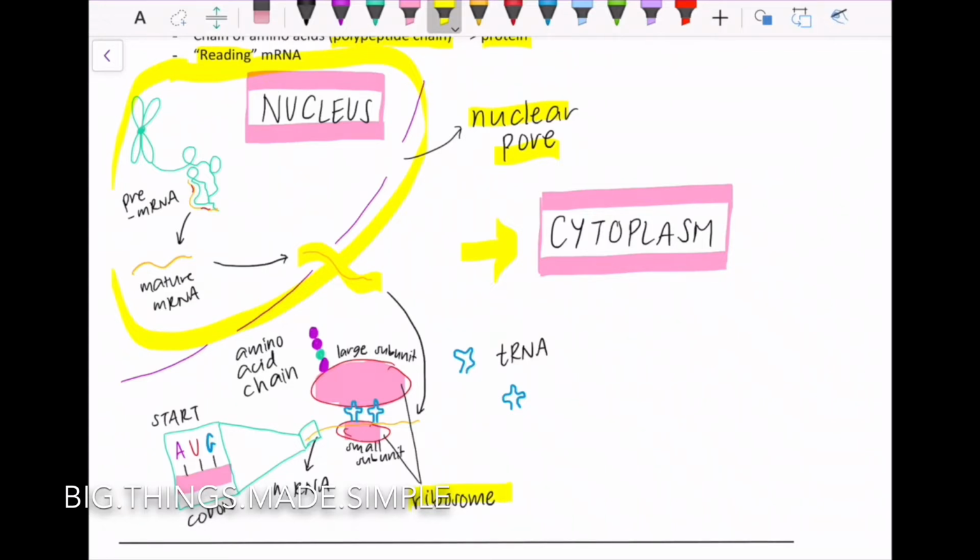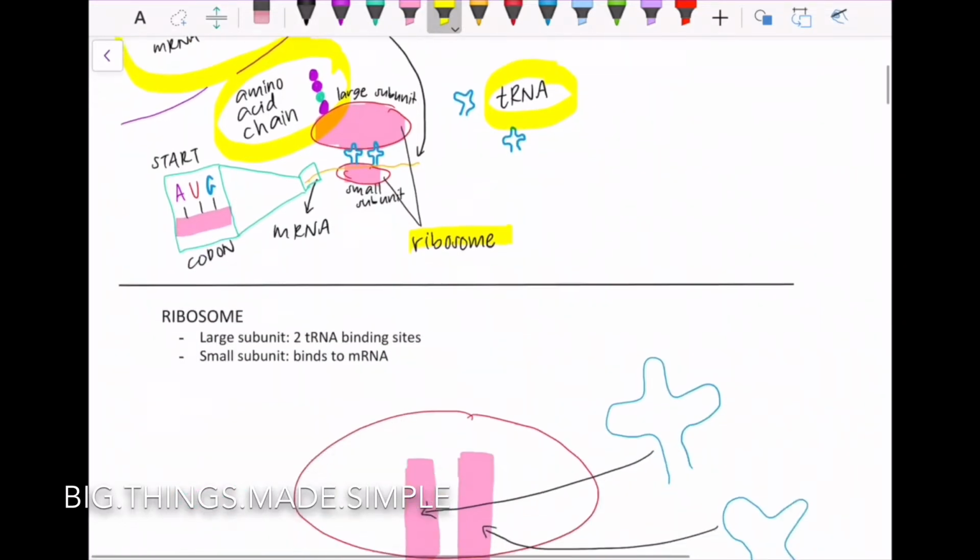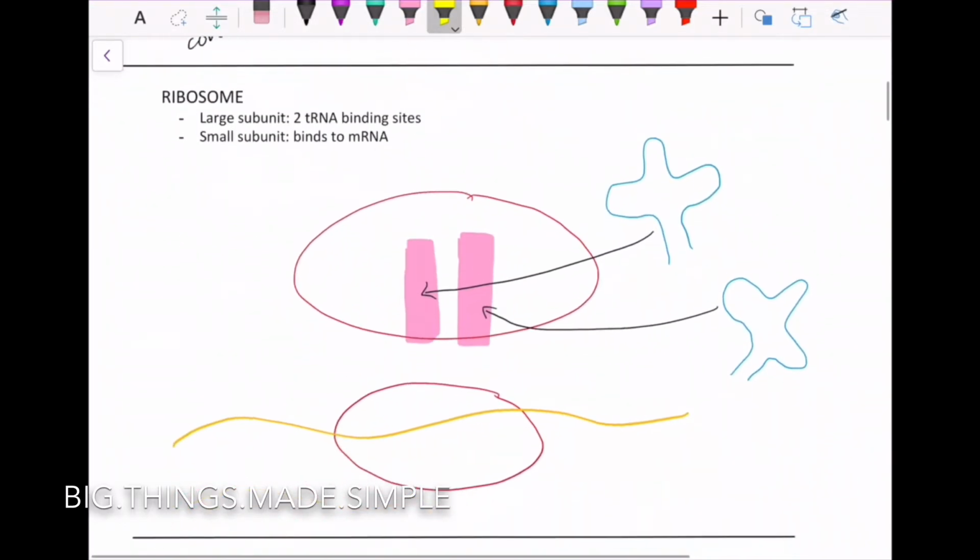And we can see here that tRNA molecules will be reading the mRNA strand and forming this amino acid chain at the end. I will be talking about these molecules later on.